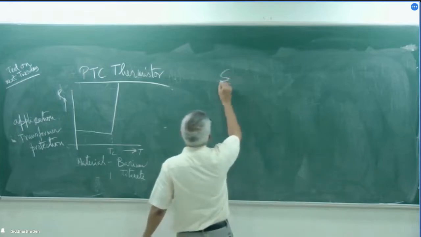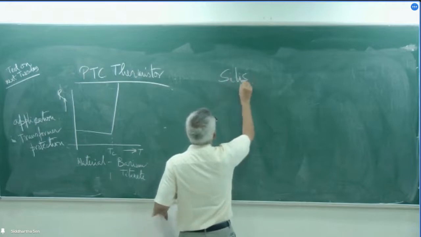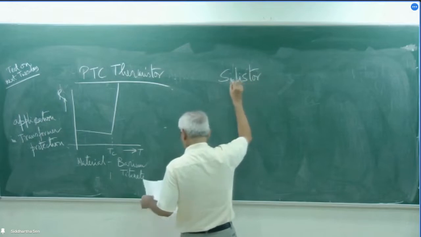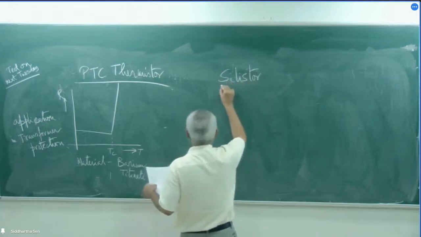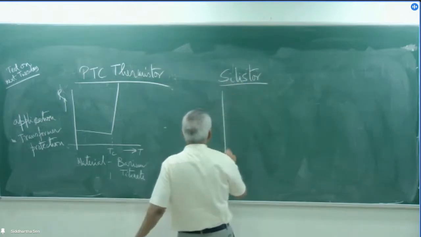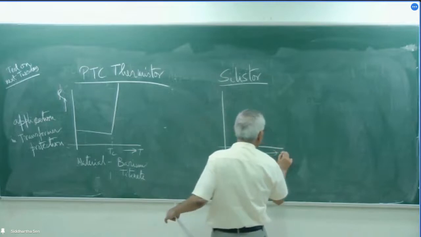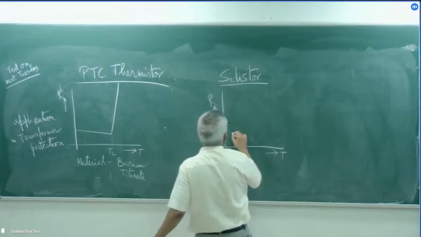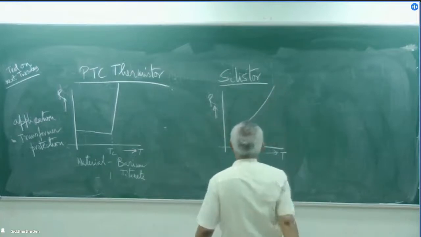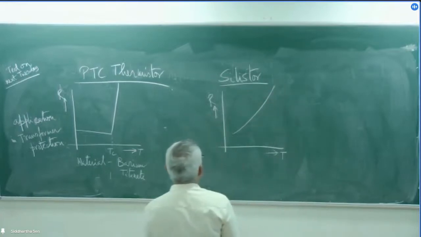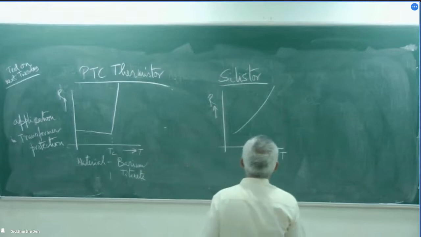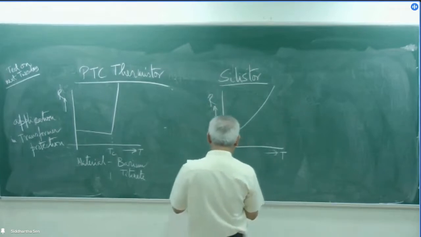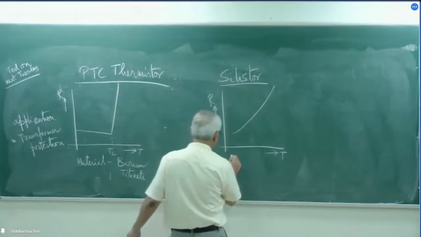Another one is called Cilister. It is something close to it. It is also a positive temperature coefficient, but it is non-linear. And here is its useful range.